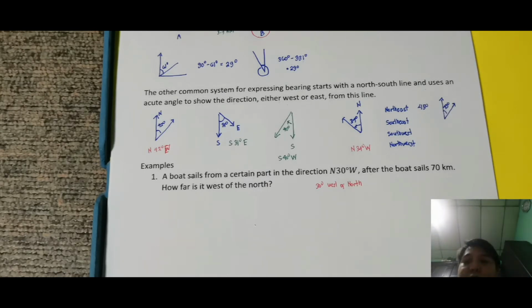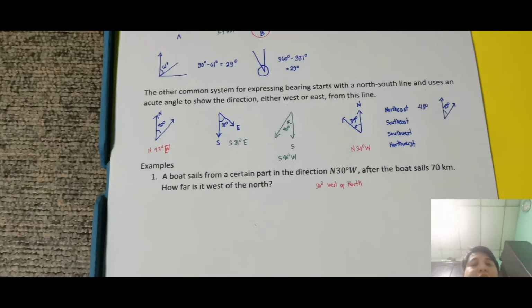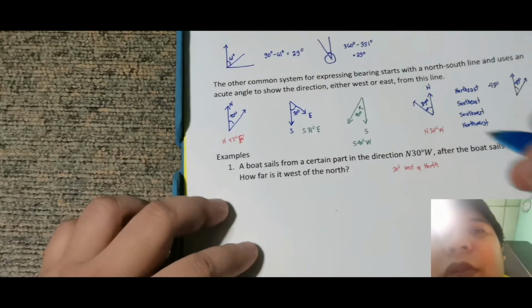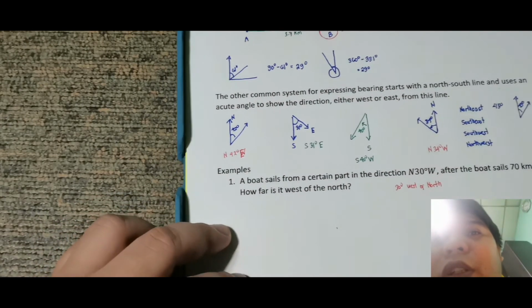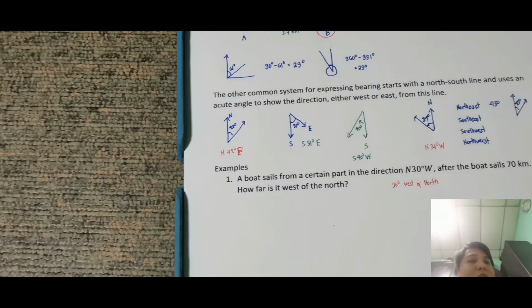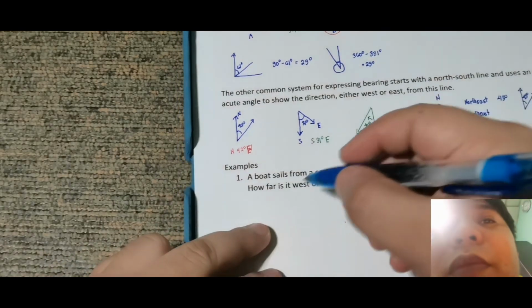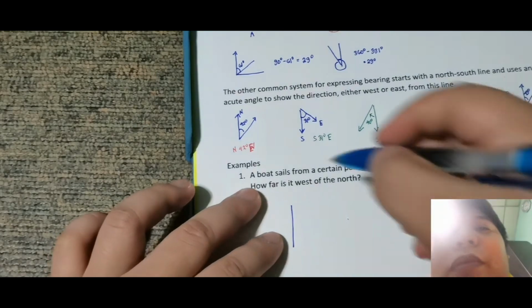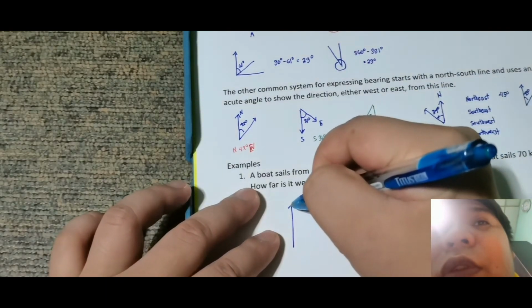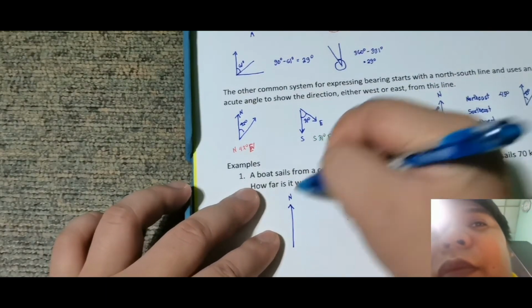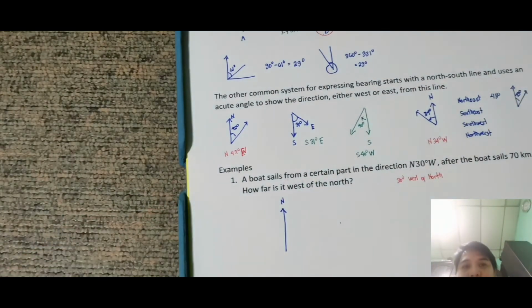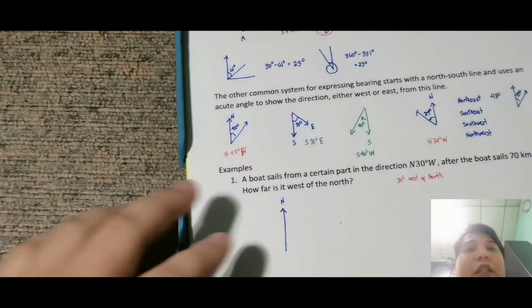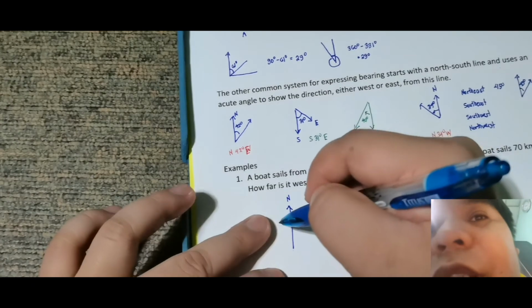Okay, so may boat. Nagta-travel siya sa 30 degrees west of north. Kung drawing natin siya, muna drawing natin yung north. Pag dinrawing, nasa kabila dahil nasa west. Okay, ito yung north natin, tapos nagka-travel siya dun sa kabila 30 degrees.